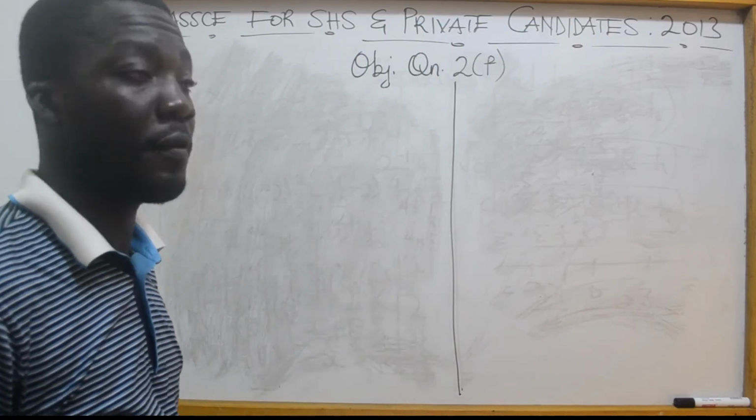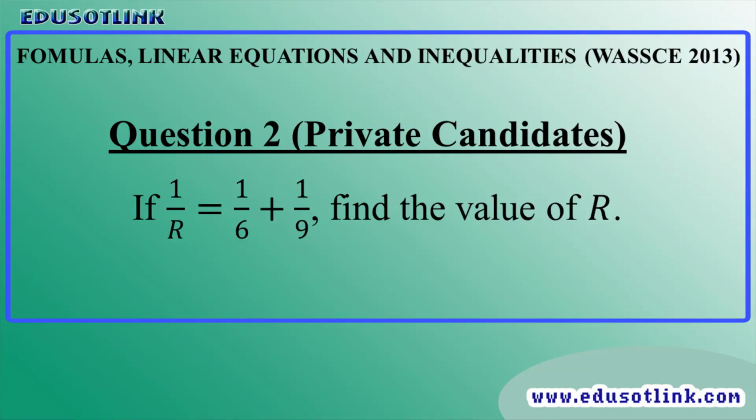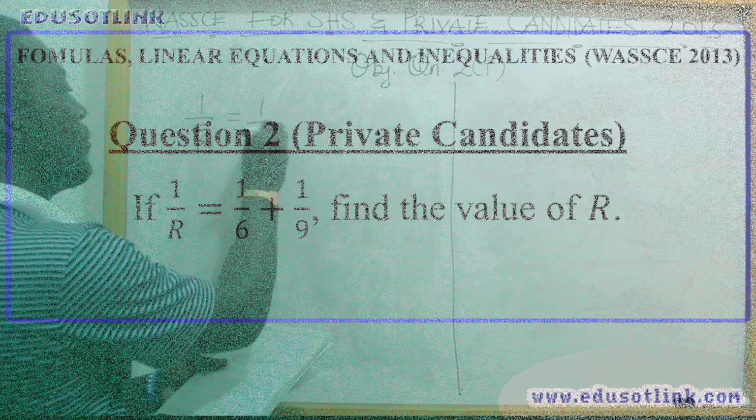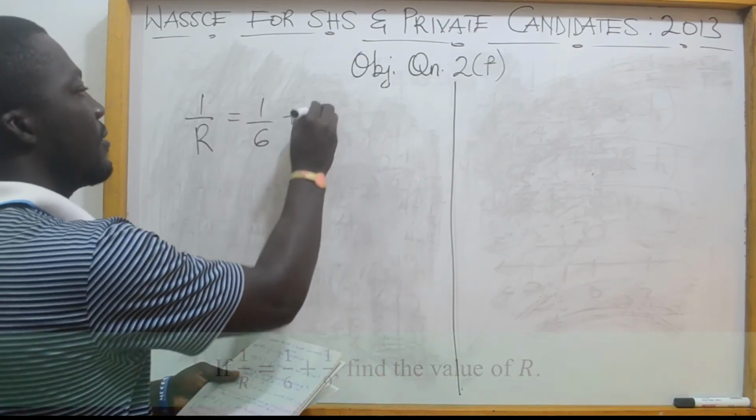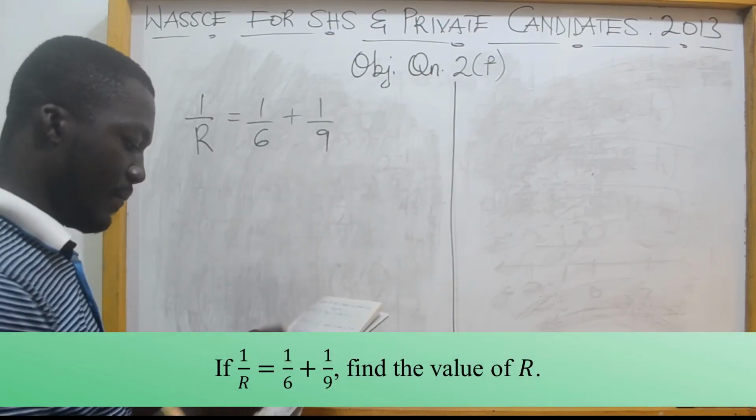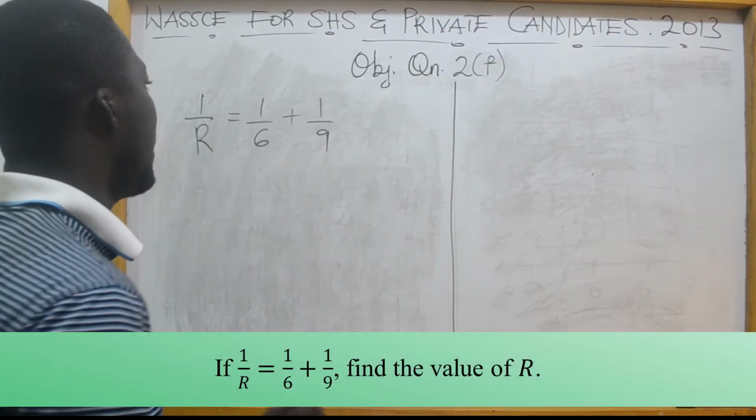Objective question 2 for private candidates. If 1 over r is equal to 1 over 6 plus 1 over 9, find the value of r.